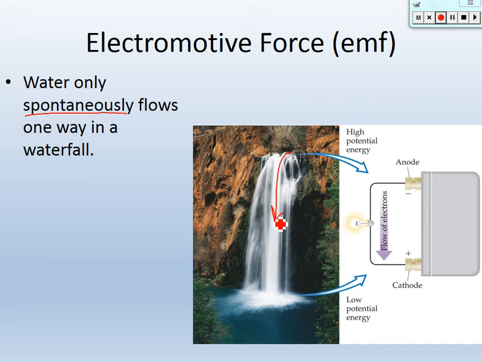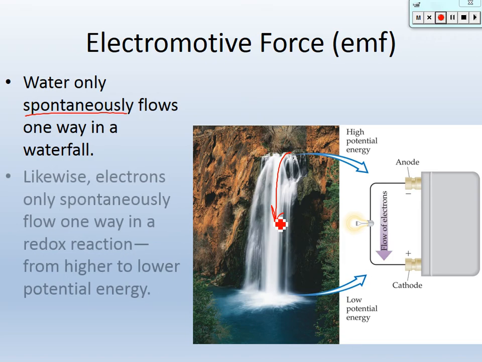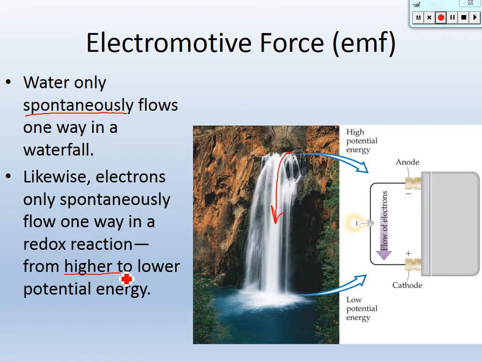Well, the same thing can be said of electrons. Electrons spontaneously flow in one way in a redox reaction. They always flow from higher to lower potential energy. In an electrochemical cell like the one shown, electrons will always flow toward the cathode. The anode has a higher potential energy, and electrons flow toward the lower potential energy.